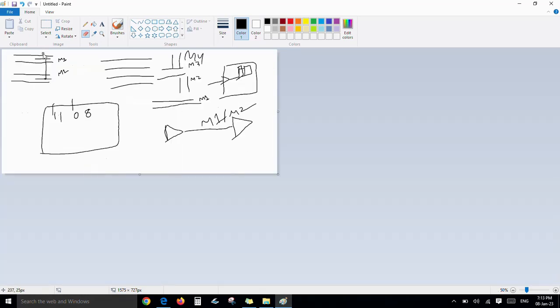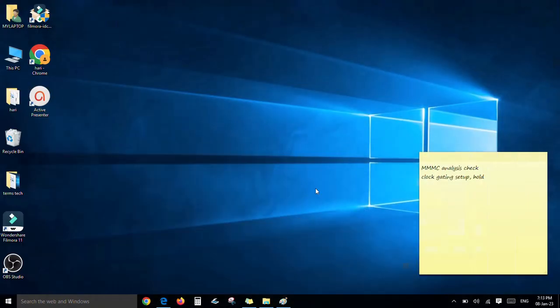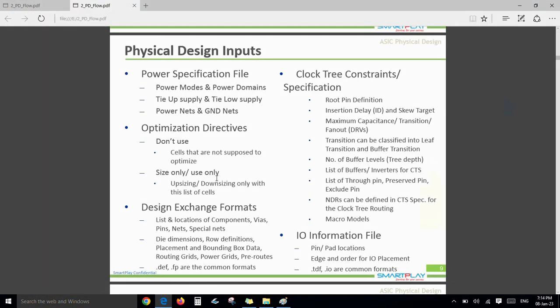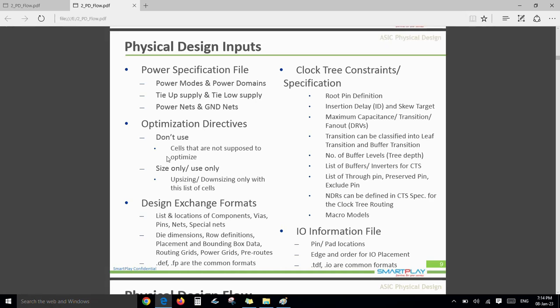And coming to the next, optimization drivers. Sometimes we don't need to use some specified nets.